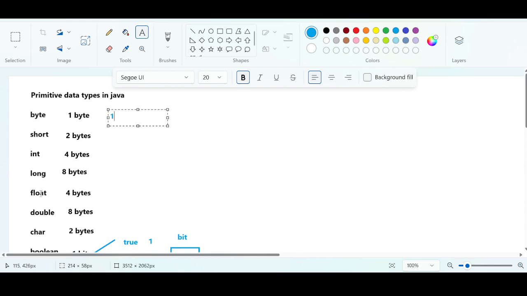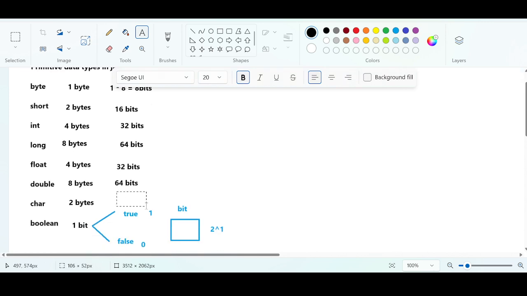If you want to find the number of bits in each and every byte, you can do 1 into 8, that is 8 bits. 2 bytes means how many bits? 2 into 8, 16 bits. 4 bytes means how many bits? 4 into 8, 32 bits. 8 bytes is 64 bits.